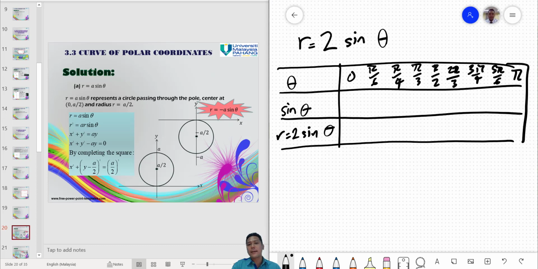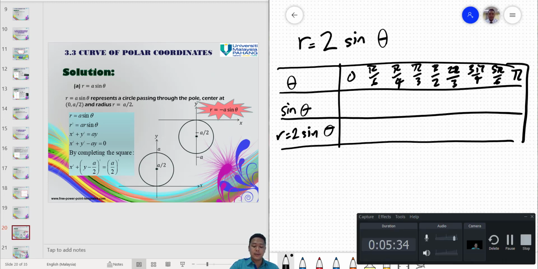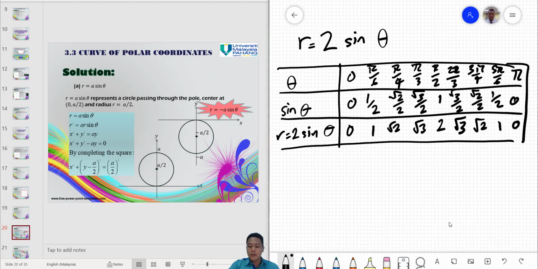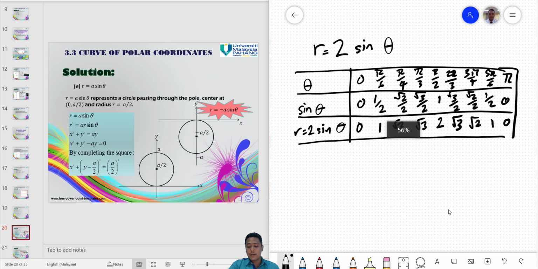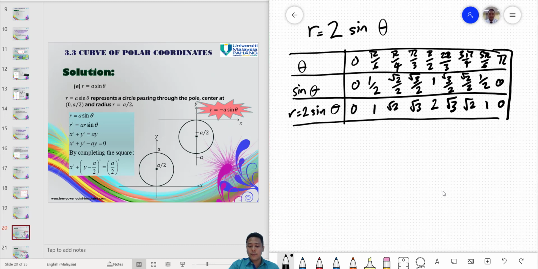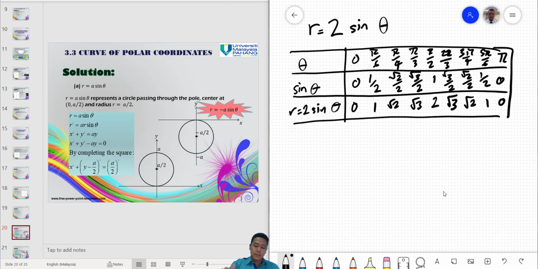Try to find the value of the respective sine of each angle, and multiply by 2 to get the value of r. You should get these values, and let's try to represent the points.